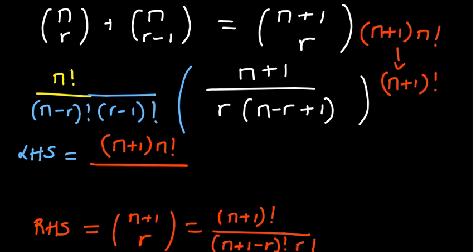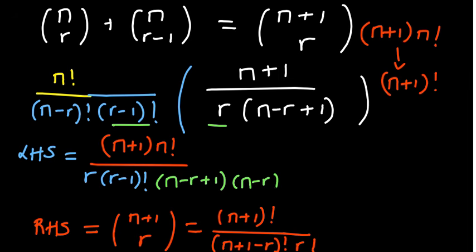So on the denominator, I've got r multiplied by r minus 1 factorial, grouped together, and then the other part, we have n minus r plus 1 multiplied by n minus r factorial, also grouped together.